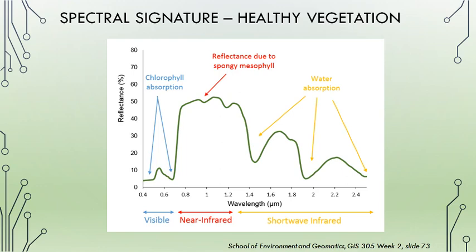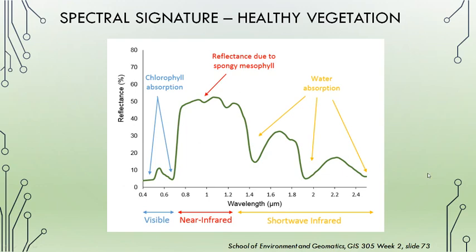So plants have evolved chemically to reject and reflect away the energy that is received in the near infrared portion of the electromagnetic spectrum. But then there's also the water content of the vegetation that absorbs certain portions of the electromagnetic spectrum, the light that hits the leaves of vegetation. So this is a classic example of a spectral signature.